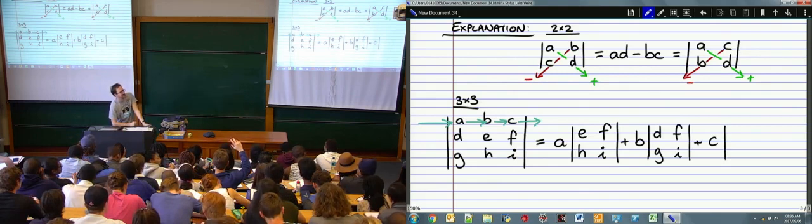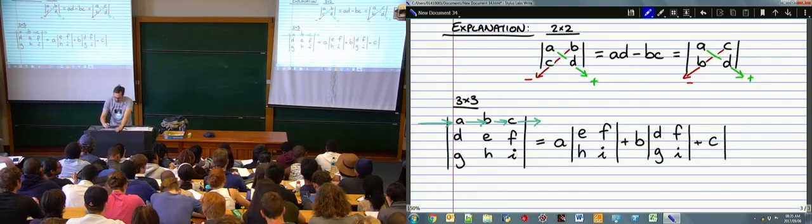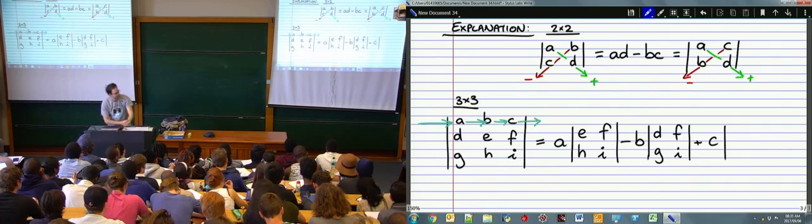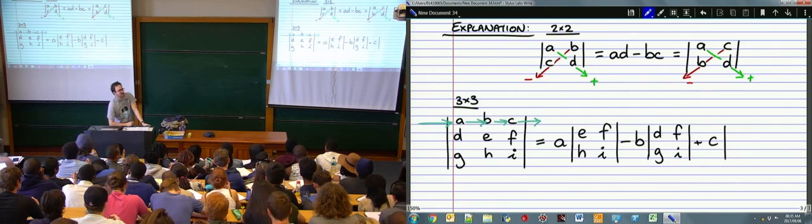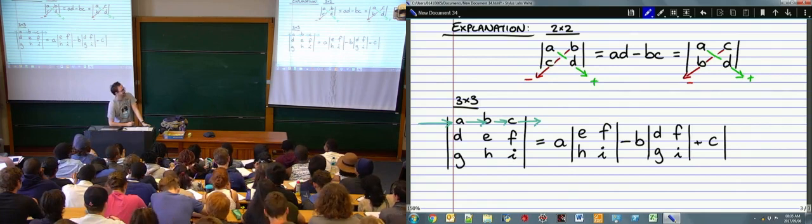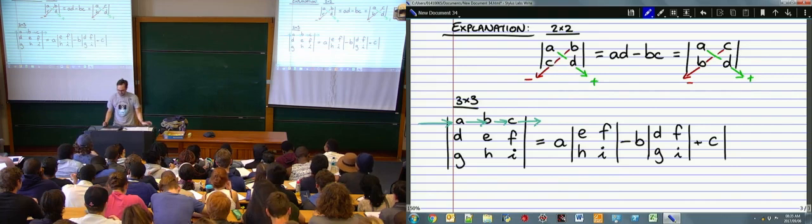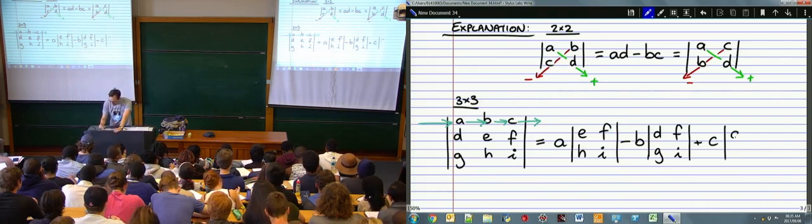Where is it? Oh, minus B. Yes, of course it's minus B. You can immediately tell when you've made a mistake. Everyone is so keen, like there's blood in the water.